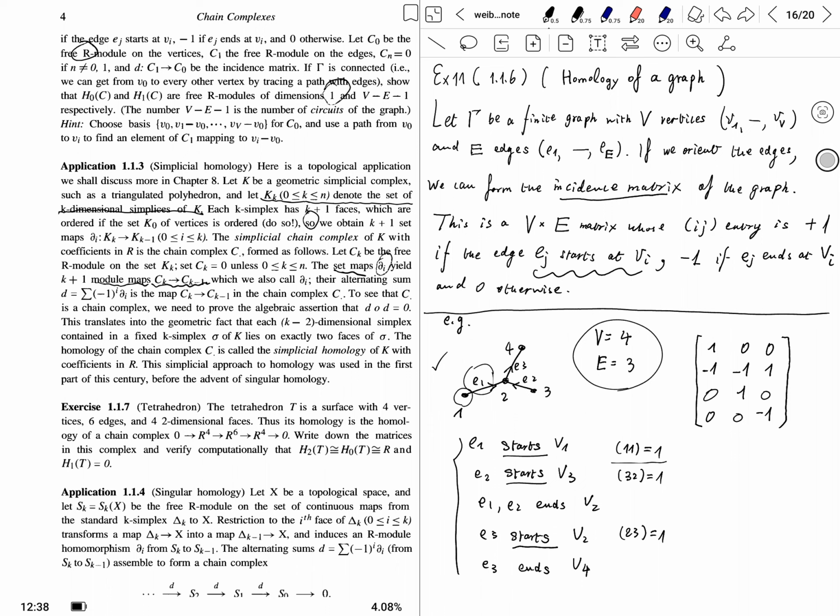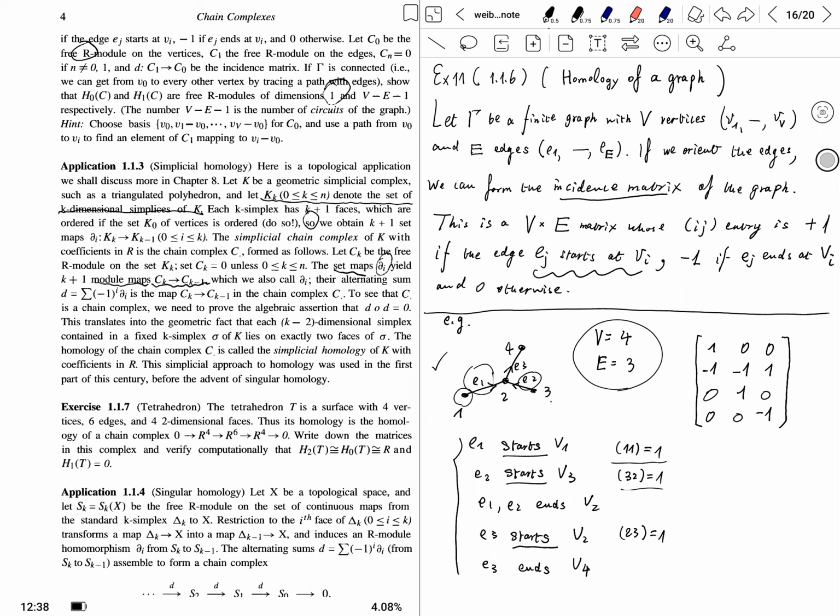1. Let's say another one. This E2 starts at V3, so the 3,2 entry equals 1. Similarly, write it down, and you get a 4 times 3 matrix.